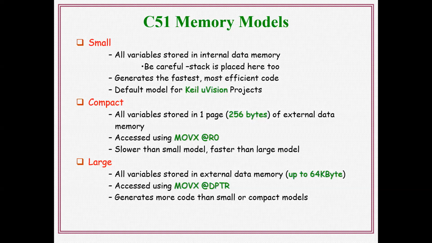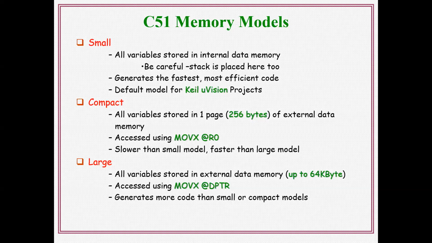It generates the fastest, most efficient code, because all variables are stored in internal data memory, so you can easily access them. That increases the speed. The default model for Keil is small. So by default, small is selected.